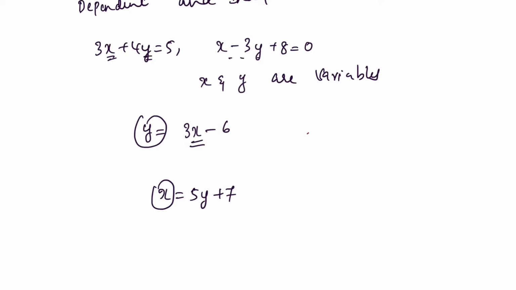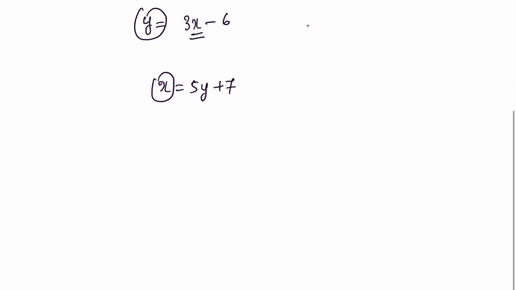Next, coming to ordered pairs. What is an ordered pair? An ordered pair means a pair of two objects taken in a specific order. In relation to coordinate geometry, an ordered pair means a pair of two numbers in which the order is important and necessary.